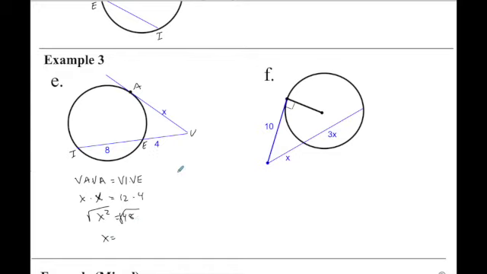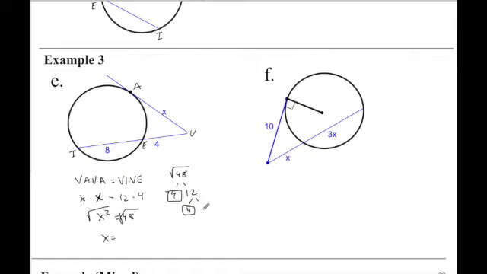Now there's two ways we could do this. We can get a calculator out, but I'm going to go ahead and just simplify the square root of 48. Remember, I can do this by factoring out perfect squares, and 4 is a perfect square times 12. So that's a perfect square. And I'm looking for these perfect squares. So there's another 4 in there.